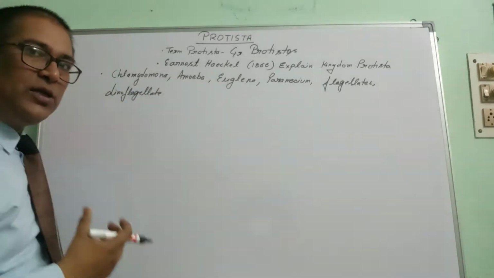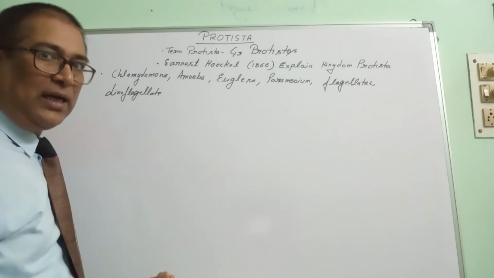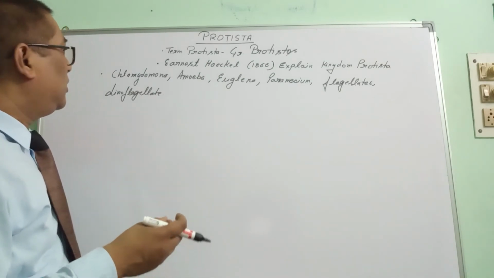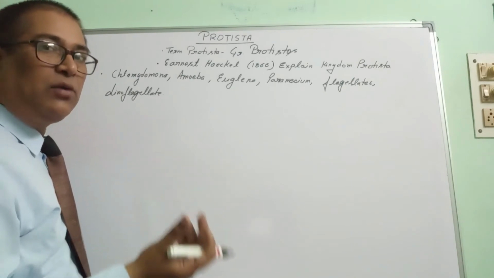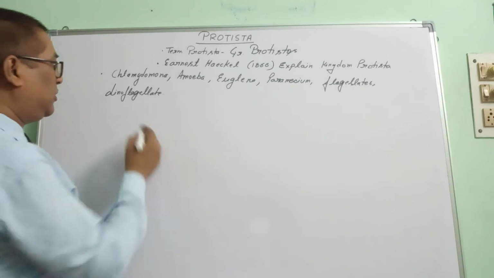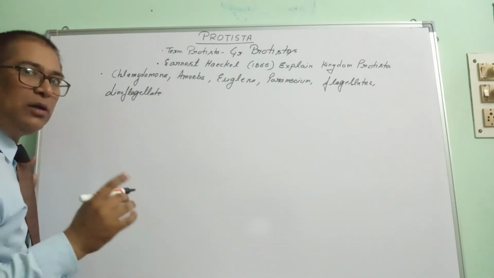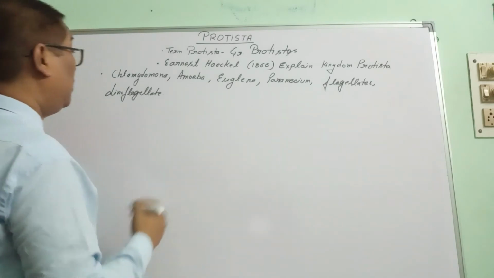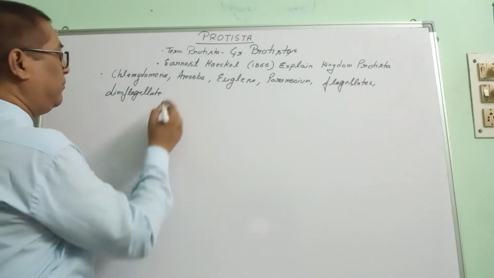Now, in this group, the flagella are a special character compared to the monerans. That is the 9+2 system of the flagella. Why? We will explain again.